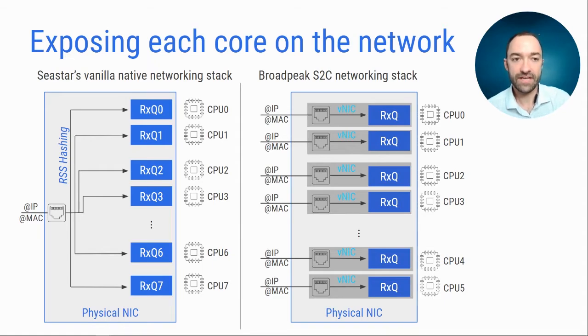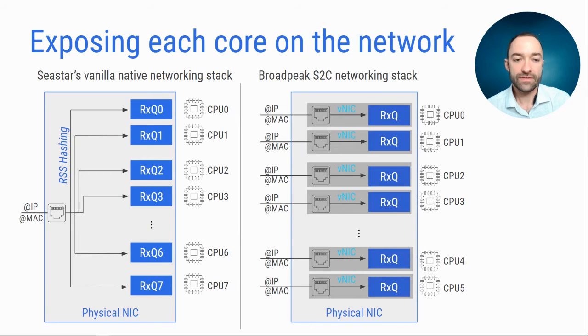This virtual NIC can be VirtIO, Intel VMDQ, SR-IOV devices, and so on. This ensures that whenever a CPU initiates a connection or receives a connection, the packets naturally go to it because it has a dedicated IP and MAC address. We bind all those virtual NICs to the physical NIC to ensure that we don't require more hardware by doing this.